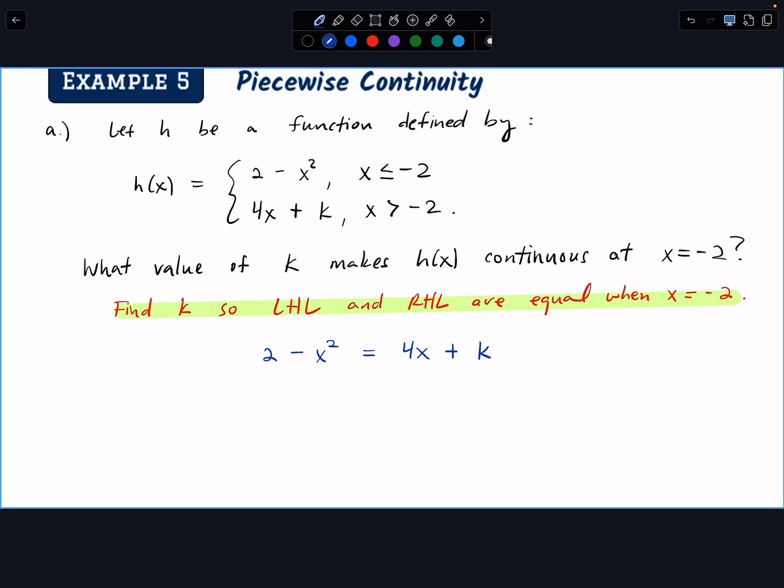But I need to plug in what? Negative 2. So wherever there's an x, I'm going to replace it with negative 2. So this becomes 2 minus parentheses negative 2 squared is equal to 4 times negative 2 plus k, then this becomes pretty easy.